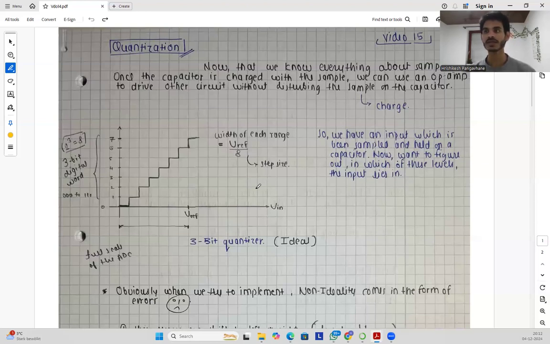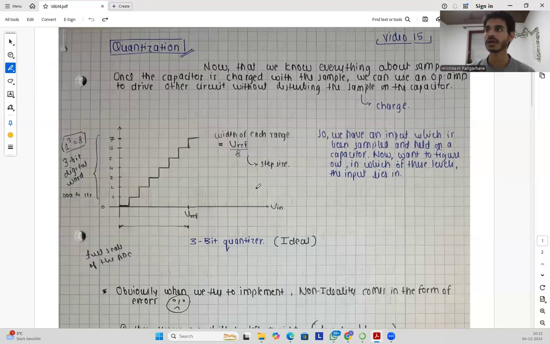But even though we are able to discretize the continuous time signal into discrete time, we still need to convert our signal from continuous amplitude to discrete amplitude and assign a digital word to our signal. So then the concept of quantization comes into the picture, where we need to discretize the continuous amplitude.